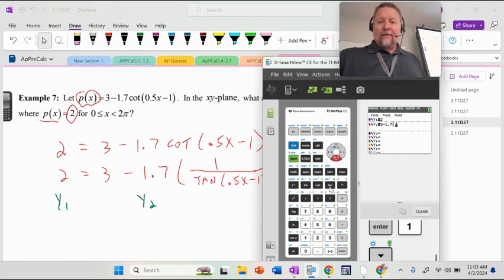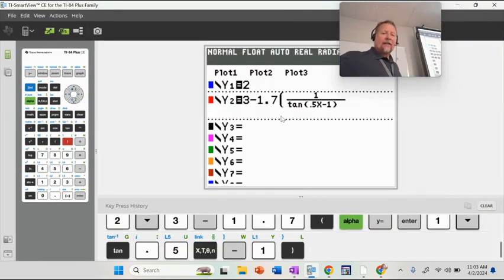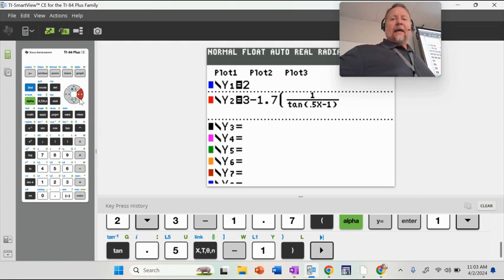Tan of that 0.5x minus 1. And then minus 1, almost didn't finish that. Close that off, and then I'm going to zoom this out again. Notice what I have there exactly as it looks. If I wanted to close that last parenthesis, I would go on the outside and close it. It actually does not have to be done.